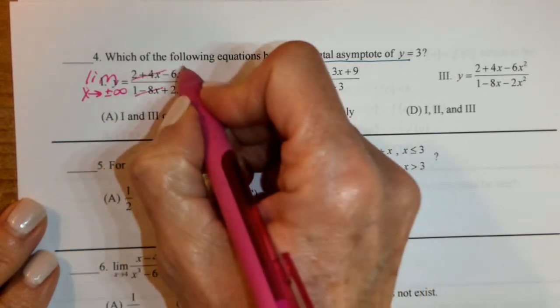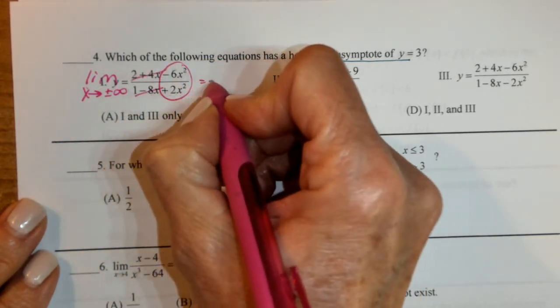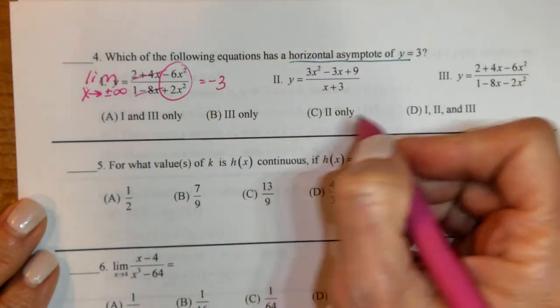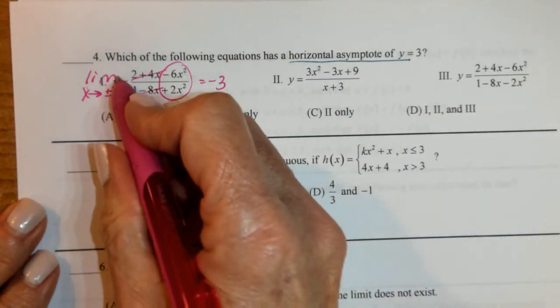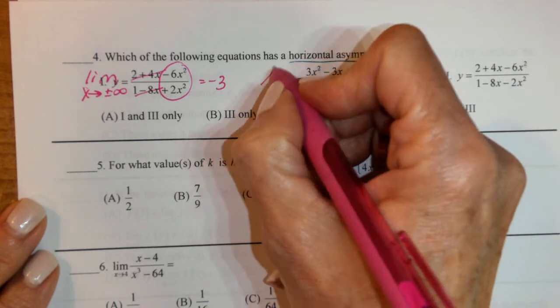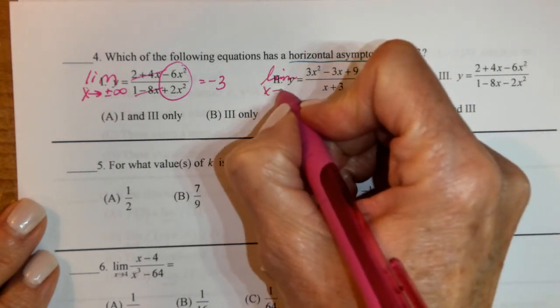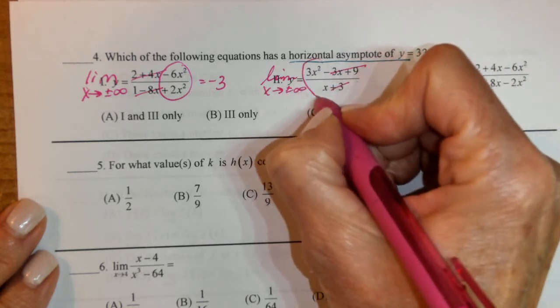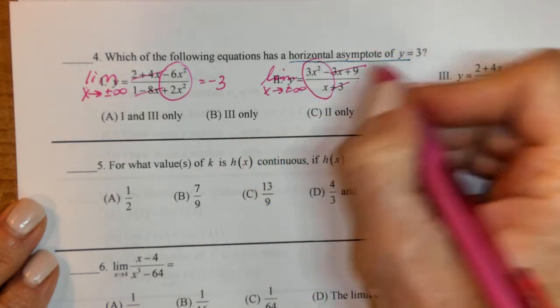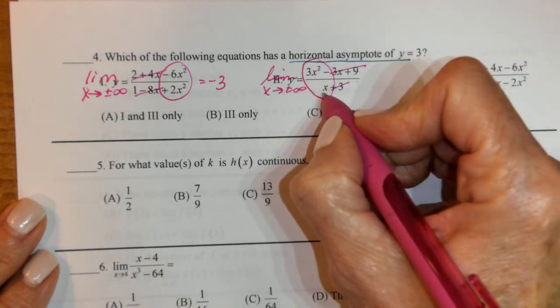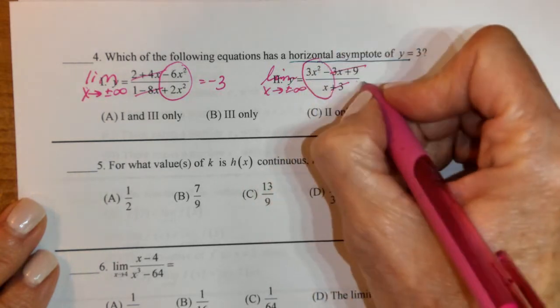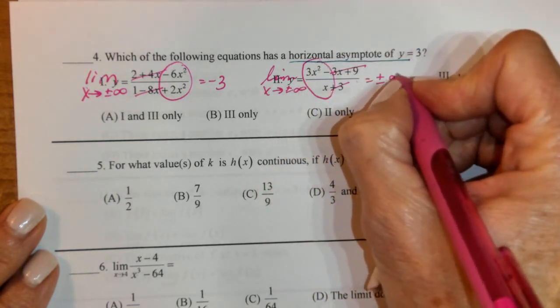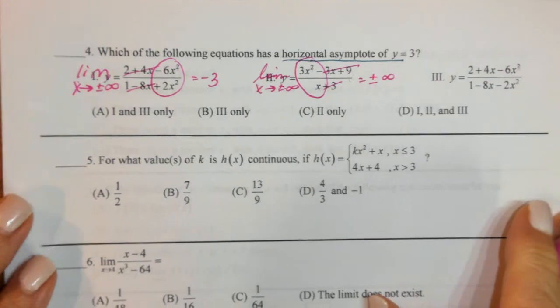Doesn't matter, doesn't matter. This reduces to -3, not 3. So not number 1 here. The limit as x goes to positive or negative infinity here, doesn't matter, doesn't matter. This reduces to 3x/1, and as x goes to infinity, that would be either positive or negative infinity, not 3.